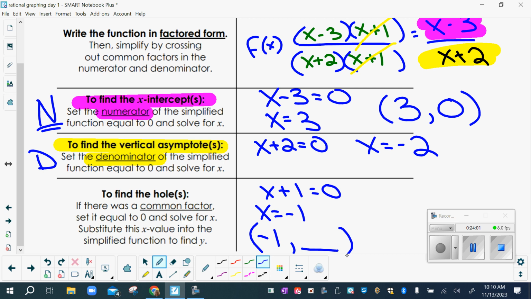So we're going to say x minus 3 over x plus 2. We're going to plug in that -1, right? So we're going to say -1 minus 3 over -1 plus 2, -4 over 1, -4. And that's all the math.